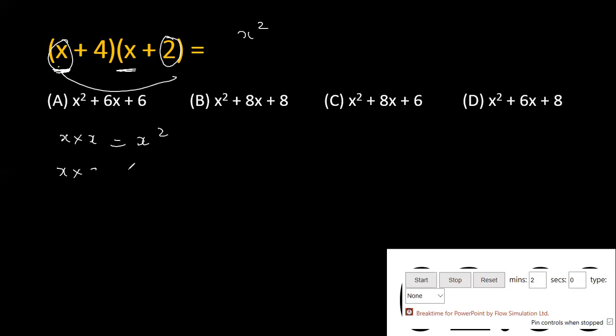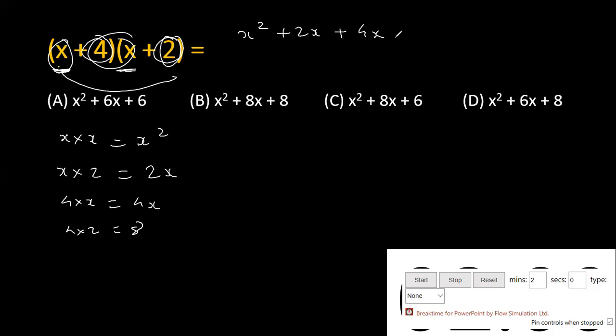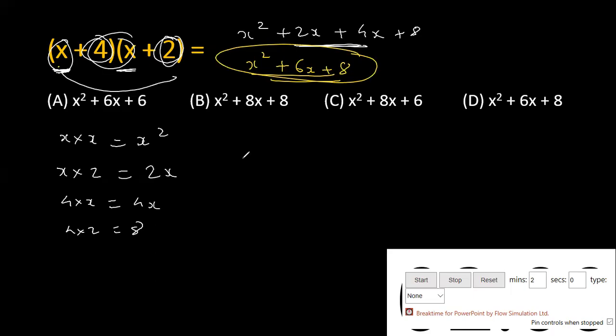So x times 2, which is nothing but 2x. Because it is positive, I'll put 2x over here. Now I are nothing but the inner terms. So which is nothing but 4 times x, which is 4x. Because it is positive, I'll put 4x over here. And L are the last terms. So 4 and 2. 4 times 2, which is nothing but 8. So plus 8. Now, if you observe carefully, this 4x and 2x are like terms. So it will become x square plus 6x plus 8 as your answer.